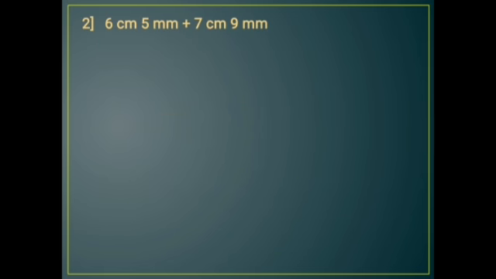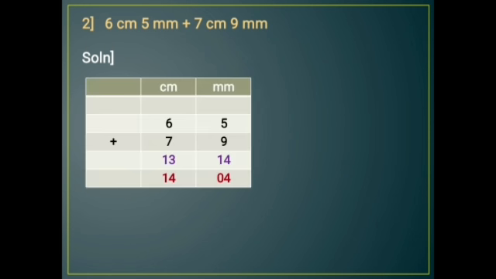Next, question number 2, 6 centimeter 5 millimeter plus 7 centimeter 9 millimeter. So solution, again we will draw the two columns, that is centimeter and millimeter. So 6 centimeter 5 millimeter plus 7 centimeter 9 millimeter. So 5 plus 9 is 14 and 6 plus 7 is 13.